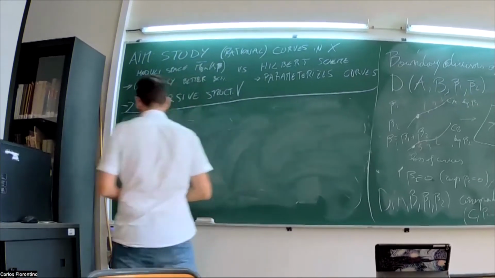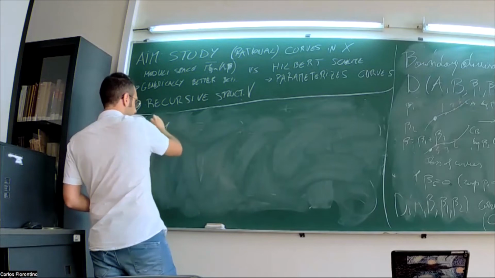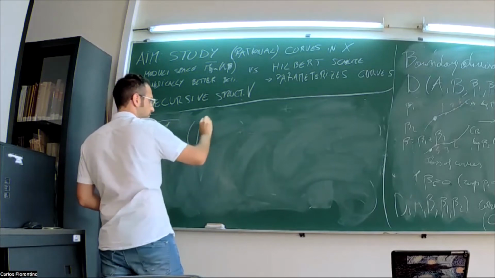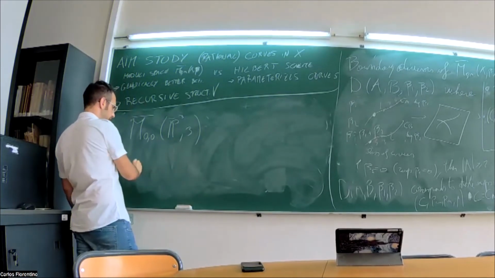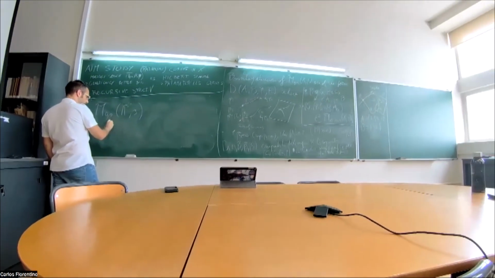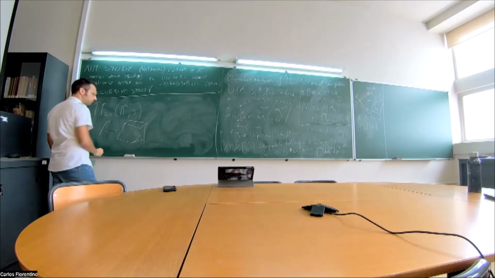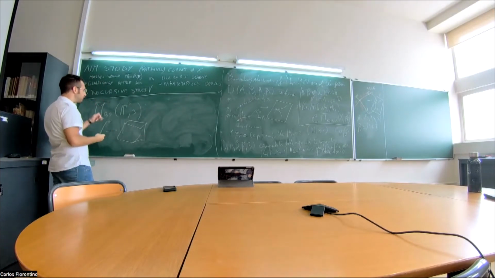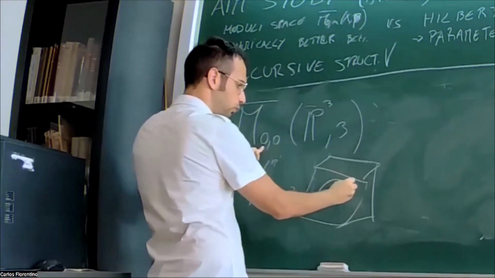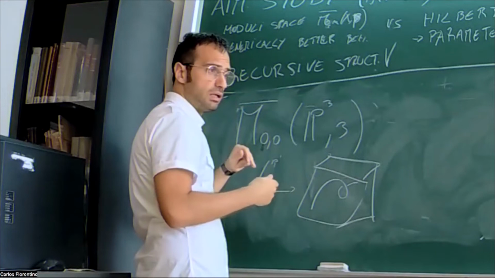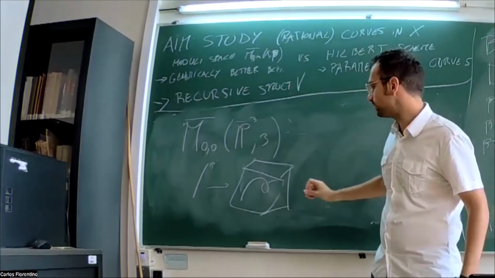So consider M_{0,0}(P^3, 3). These are maps from P1 to P3, where the image is a cubic. So a general point of this is a degree 3 rational curve, not contained in a P2. So this is a twisted cubic.